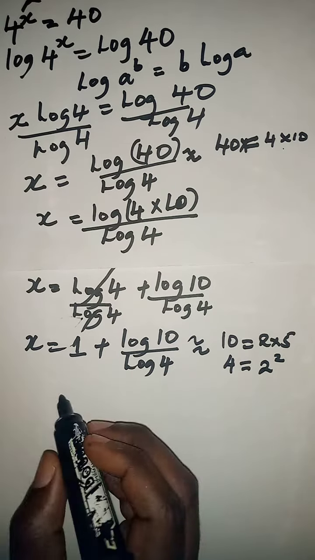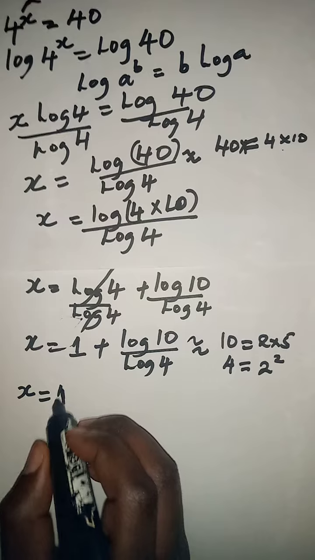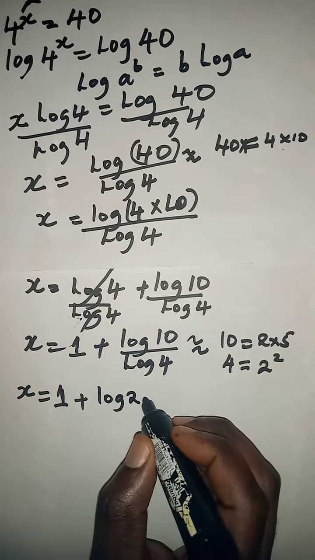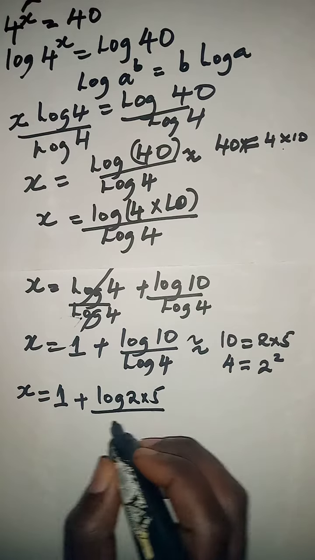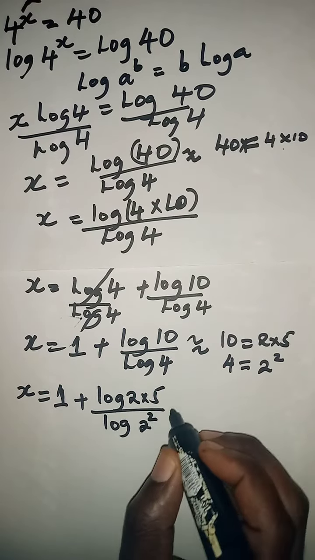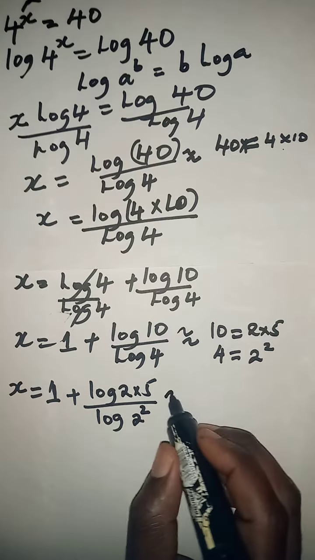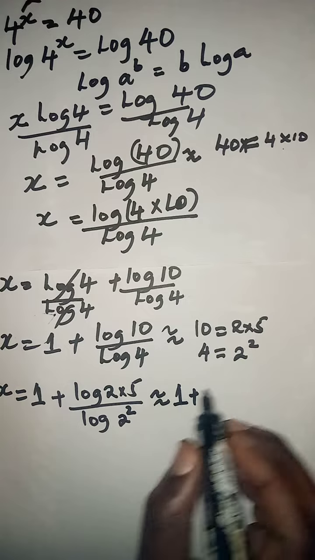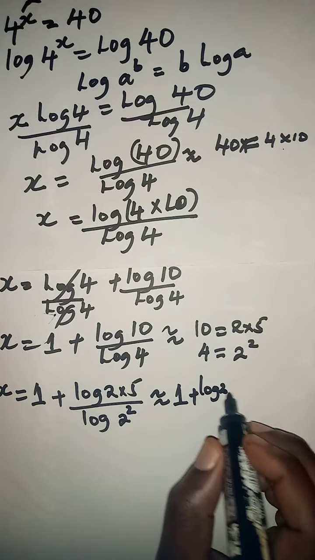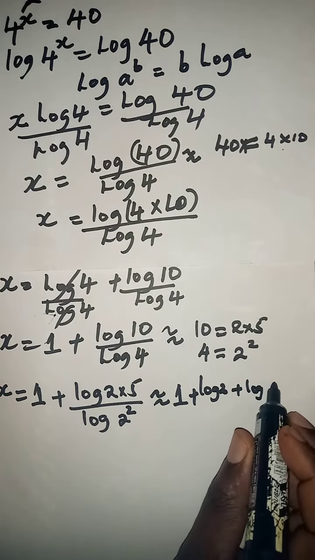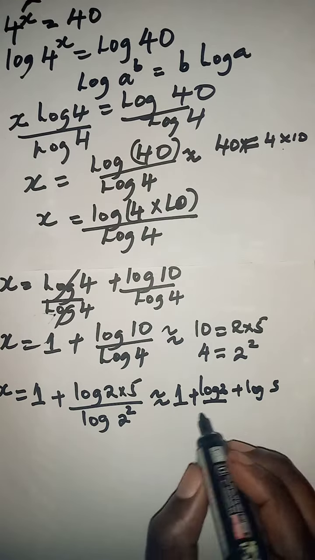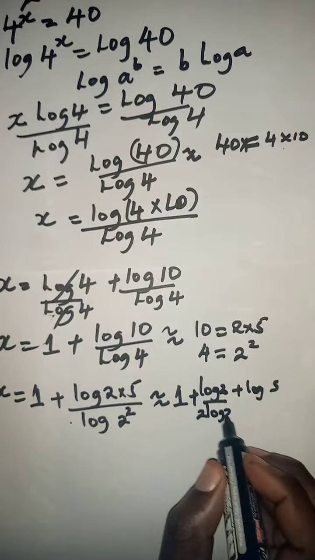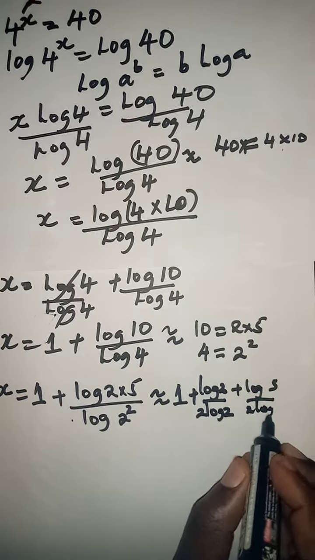So that now my equation changes to x equals 1 plus the log of 2 times 5 divided by the log of 2 squared, which can be written as 1 plus the log of 2 plus the log of 5, everything divided by, of course, these 2 come here as 2 times the log of 2.